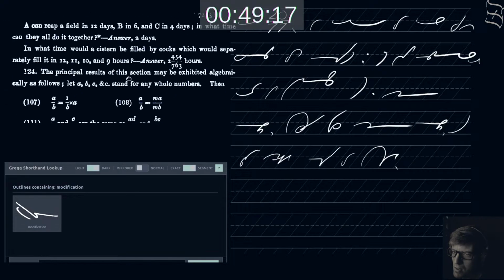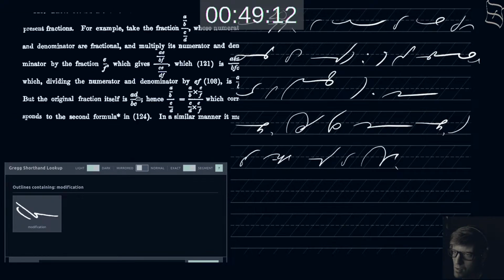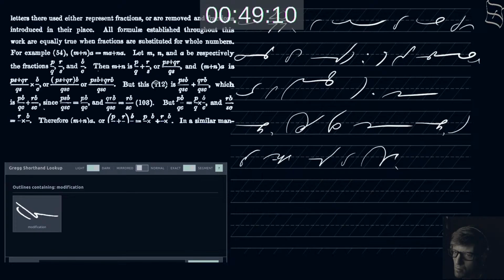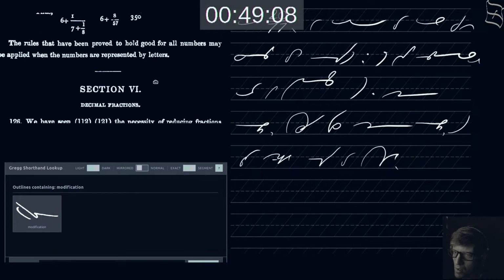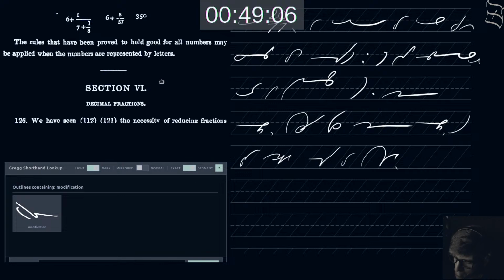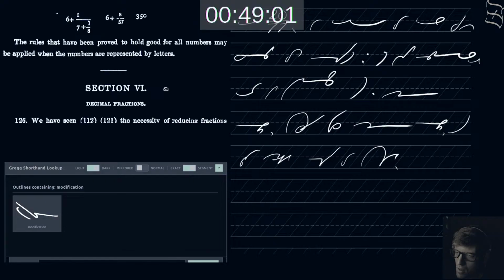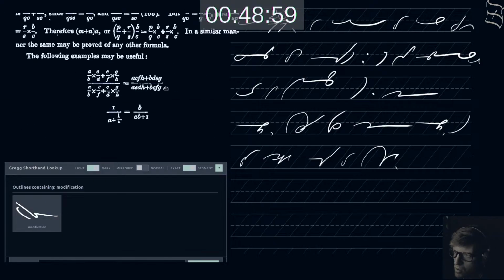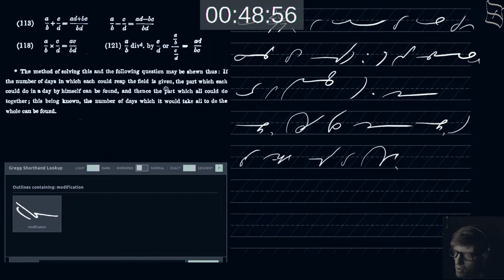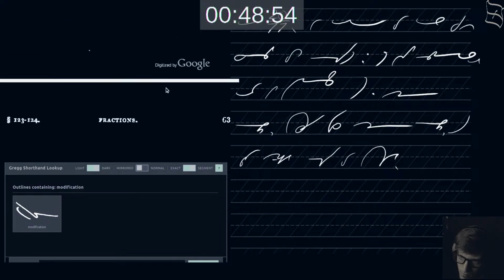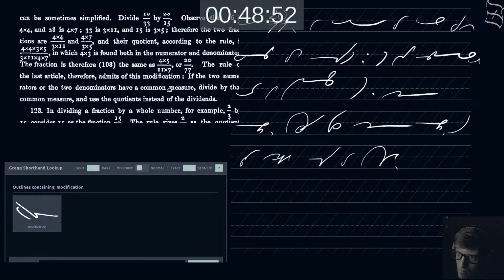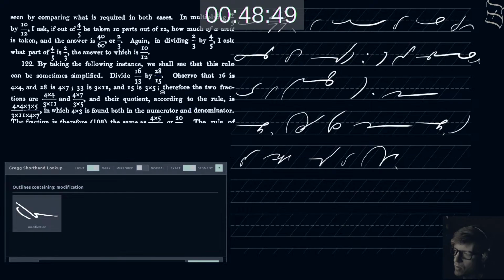Oh, are we right at the end? 123, 124. Oh, okay. We are close to the end of section 5. So I think we can definitely fit it all in one document. Nice. So let's go ahead and reread over 122, and then we will dive into 123.